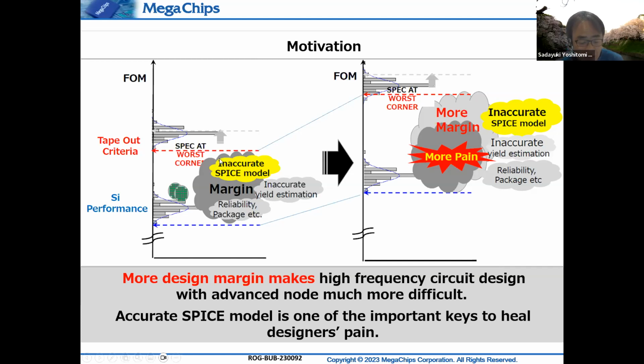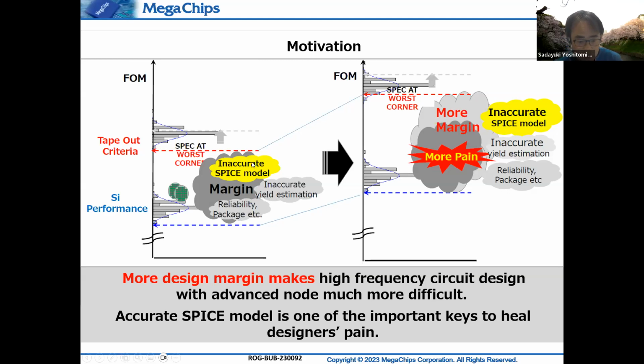If we look at what is included in the margin, most of the margin includes inaccuracy of the prediction, such as yield prediction, reliability prediction, and also SPICE modeling prediction inaccuracies.